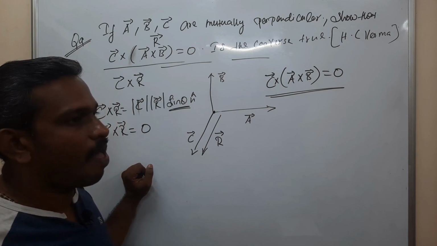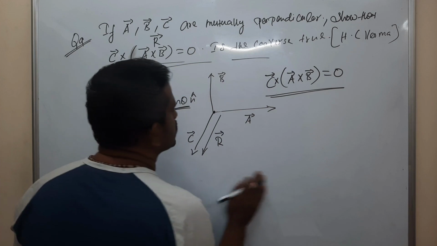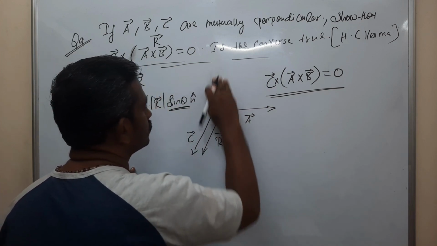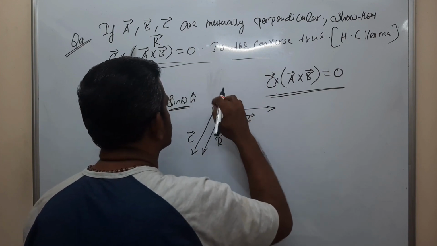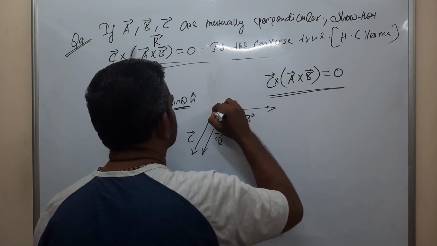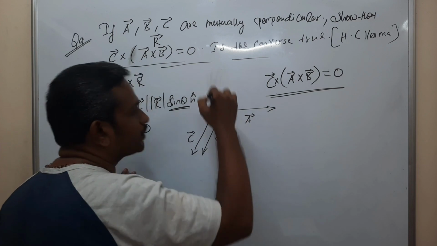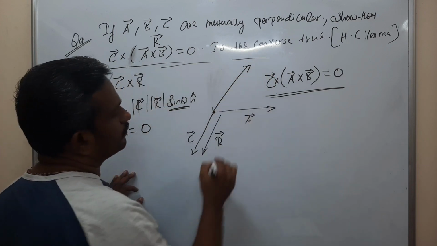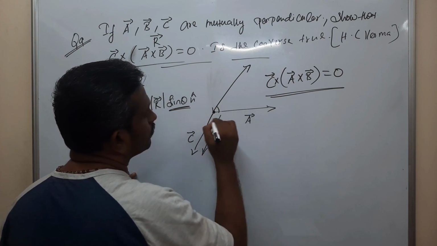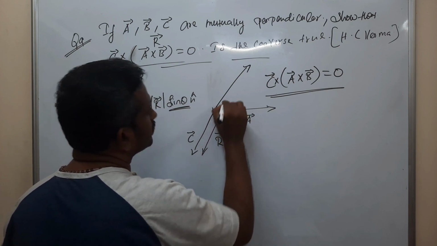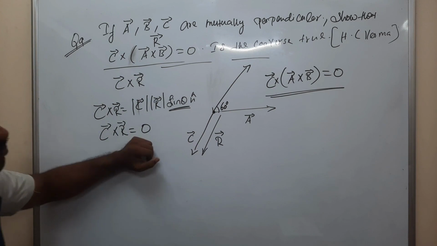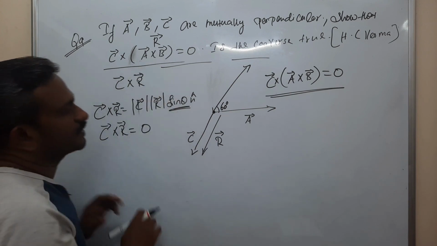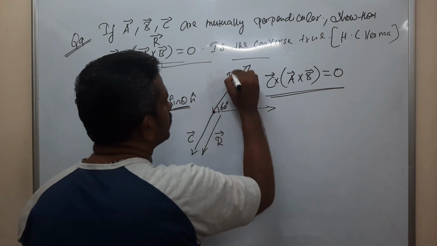Let us take, suppose this is A vector. So the B vector is not perpendicular to A vector. It is in this direction, 60 degree, theta. So first we have to find A vector cross B vector.